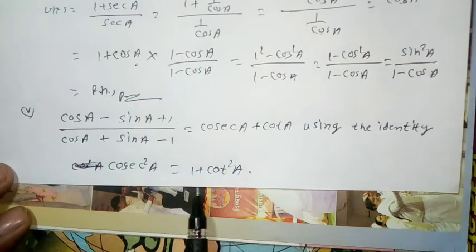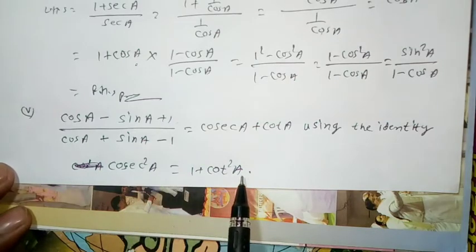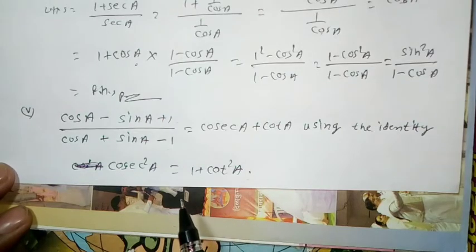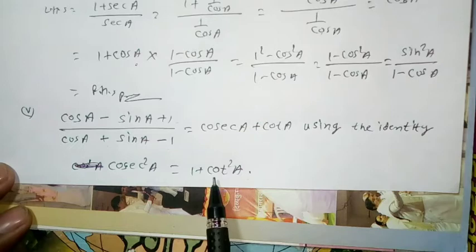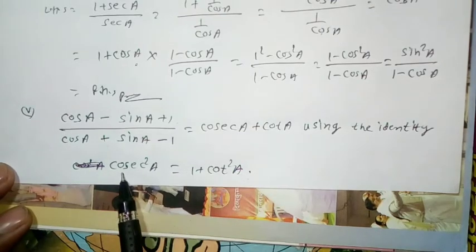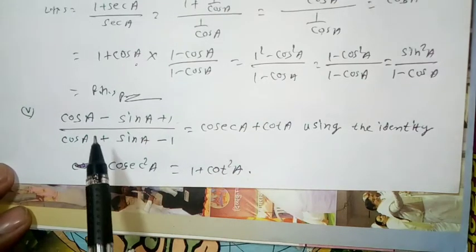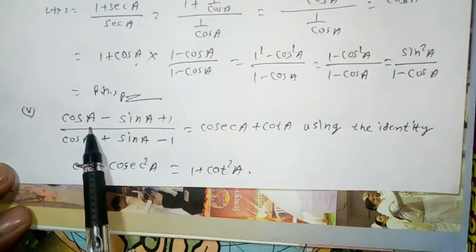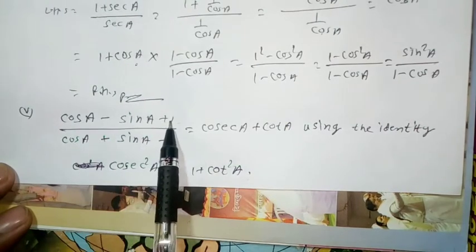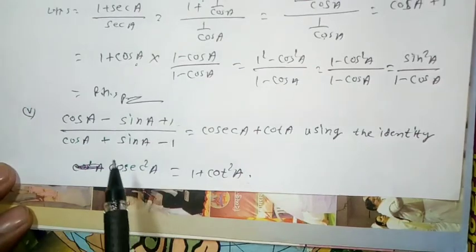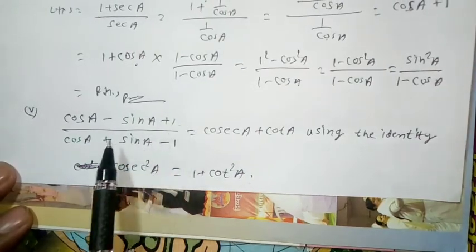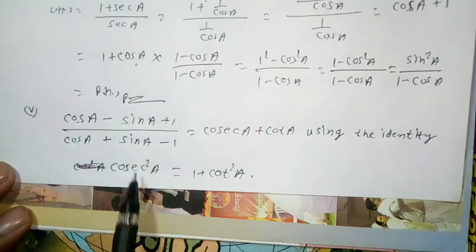Now first we convert into cot, because here is the relation between cot and cosec. If we divide by sin a, cos a by sin a is equal to cot a, and also 1 by sin a is equal to cosec a, so we divide the LHS numerator and denominator by sin a.